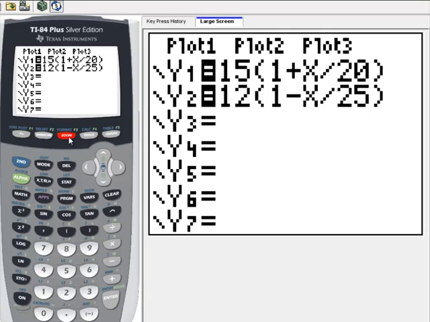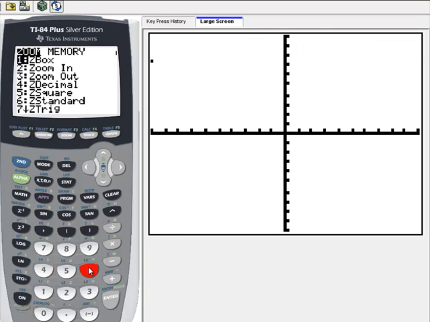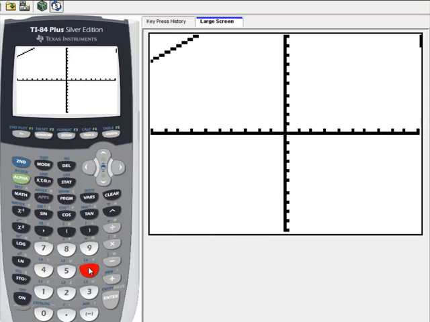That would be ZOOM 6. Okay, looks like there's an intersection, a single point intersection lying up above what we see right here.